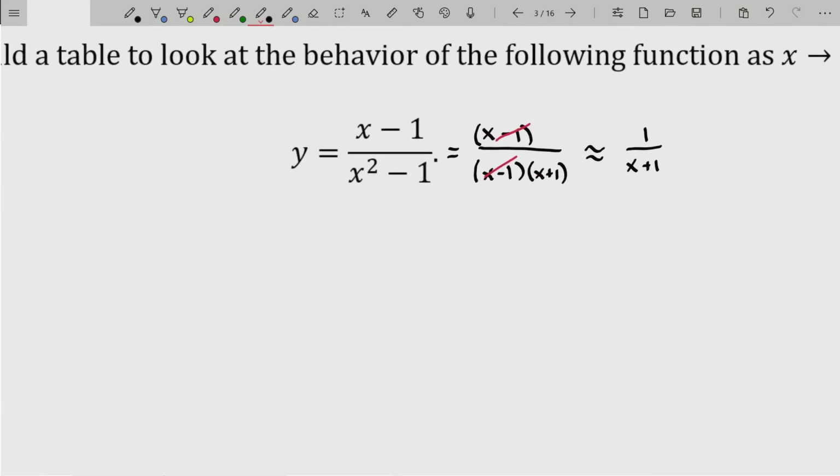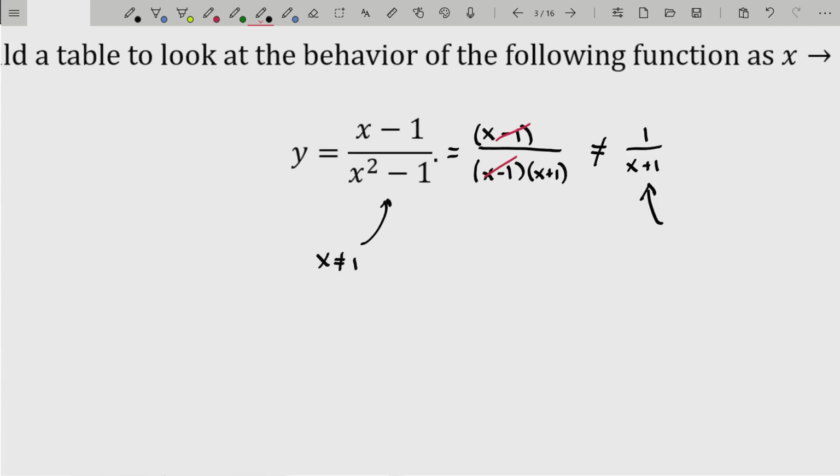This is a very, very important point to make, that these two are actually not equal. So x minus 1 over x squared minus 1 is not the same as 1 over x plus 1. Because technically, if you handed somebody this function right here, they would think they could plug in the number 1. But you, being the wizard behind the scenes, know that 1 cannot be plugged in.